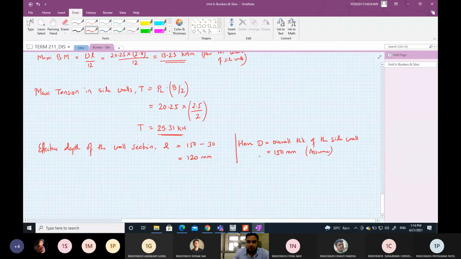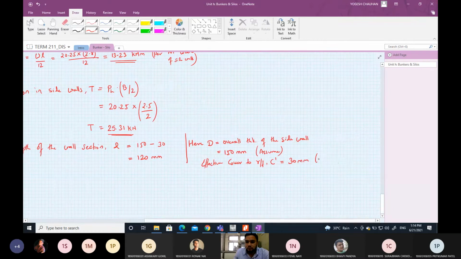Otherwise we have to revise this, and the effective cover to reinforcement, let us say C dash is equal to 30 mm. So your effective depth would be 120 mm.